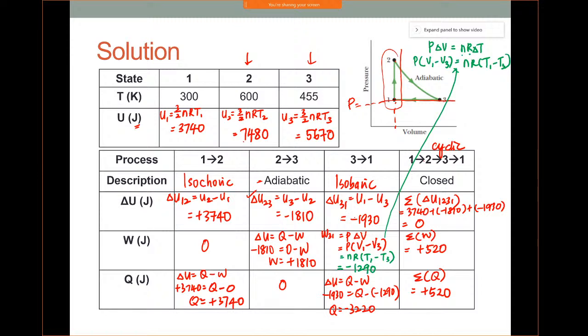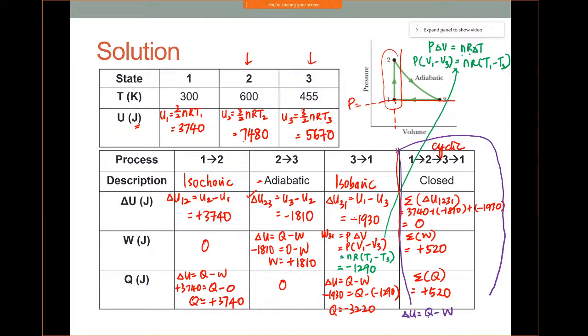So at the end of the cyclic process here, if you double check with your first law of thermodynamics, Q 520 minus your W, which is 520, indeed the delta U of the whole system is equal to 0.